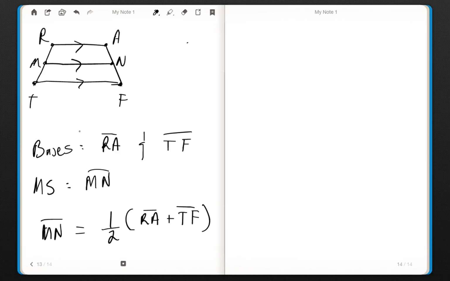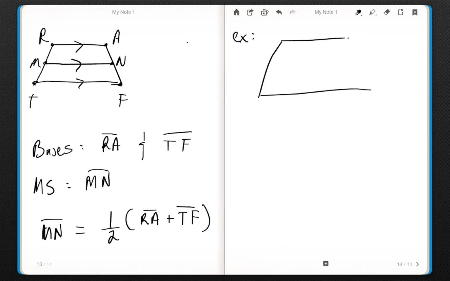So this theorem is actually really useful. We use it quite a bit. So I'll do one of the examples in your homework. We're going to do number 15. Now the way you can identify that it's a midsegment is that they'll usually write this out for you, like that. Now we know that not only is it the midsegment, but they're also parallel. They give you a length here of 2x plus 1. This is x minus 1, and this is 15.